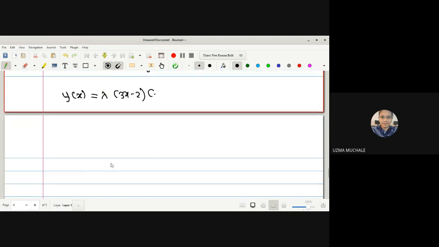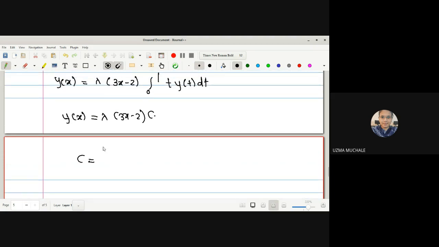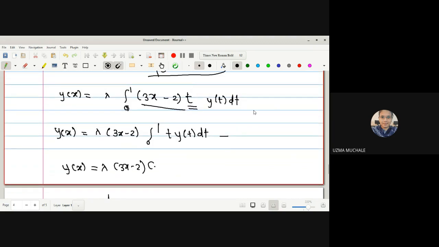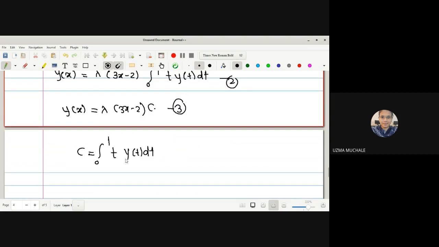As we are not having many constants, we can have simply one constant, say c. So the value of c we have obtained is integration 0 to 1 t y of t dt. Let us have names for these. This is our given equation 1, this is our equation 2, this is equation 3, and the value of c is equation 4.